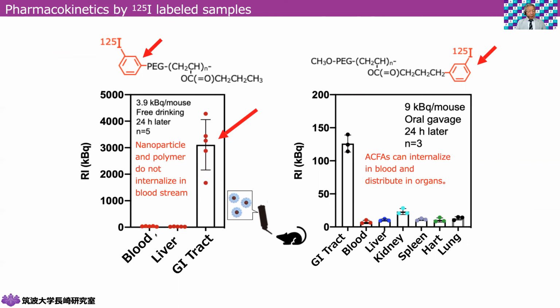No radioisotope is observed in blood and liver, which means no internalization of polymer in bloodstream. In this case, when we labeled the ester group, in addition to the GI tract, radioactivity is observed in all organs like this, which means after cleavage of the ester group it distributes in the main organs.